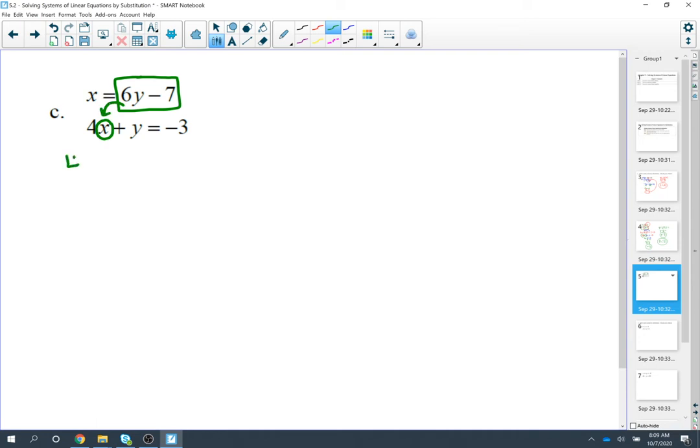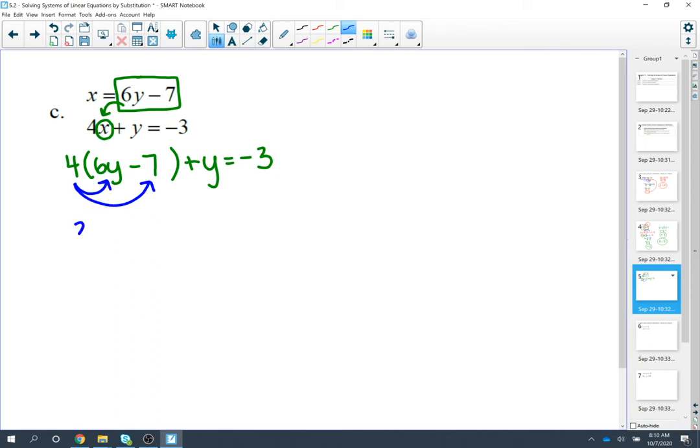So we're going to have 4x, so again, big parentheses, because in here you're going to substitute 6y minus 7, then back up to our plus y equals -3.